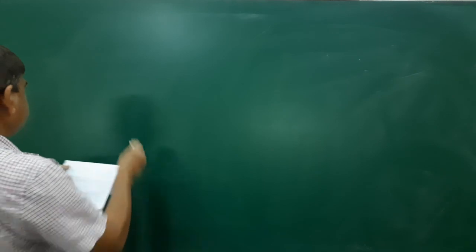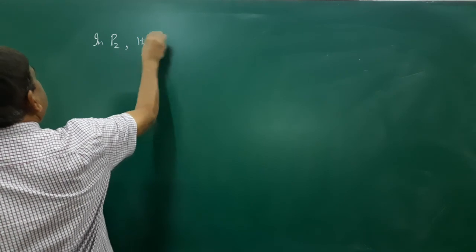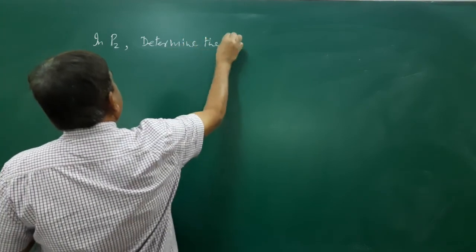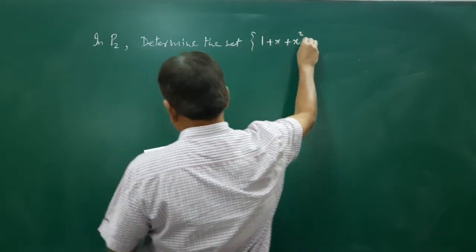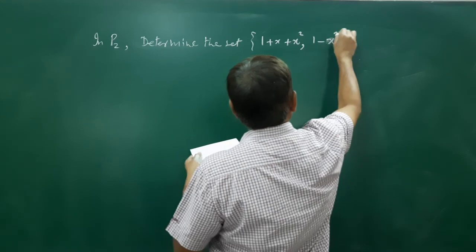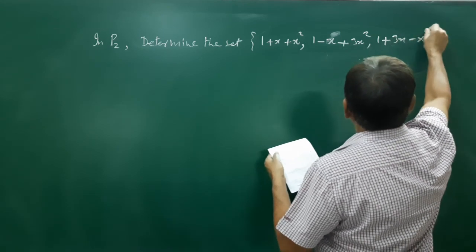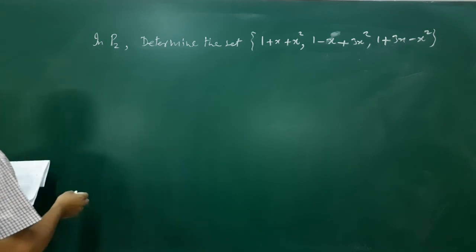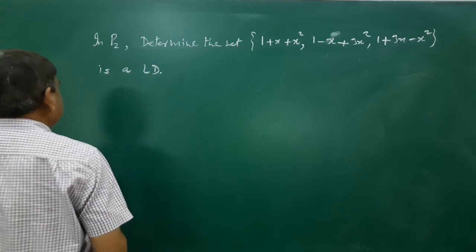I'll give you one problem, so you just simplify this. In P2, determine whether the set 1 plus x square, 1 minus x plus 3x square, 1 plus 3x minus x square is linearly dependent. Okay.